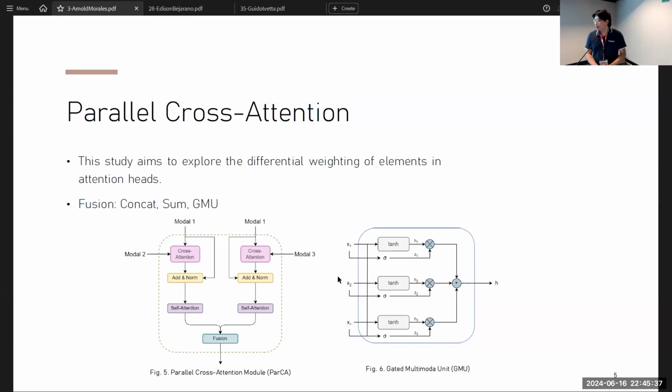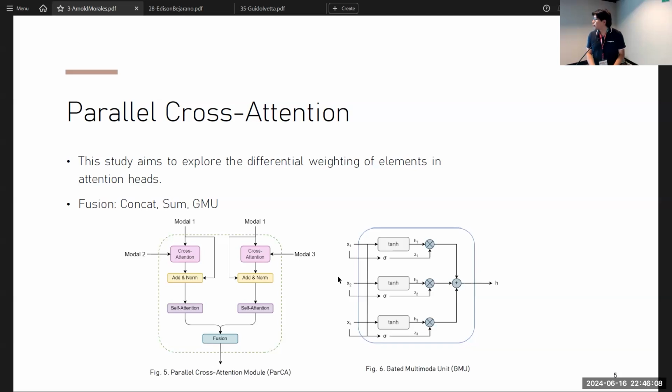For the fusion of these different representations, we propose concatenating and summing this representation, but also the use of the GMU model, which aims to learn the relevant parts of each of the outputs and merge only the most relevant aspects of these outputs.